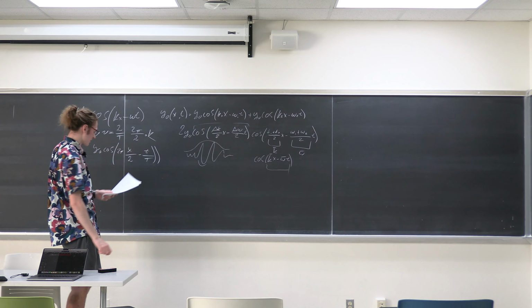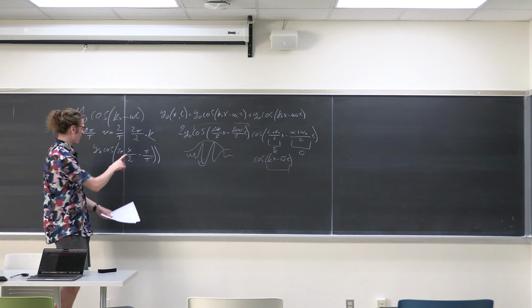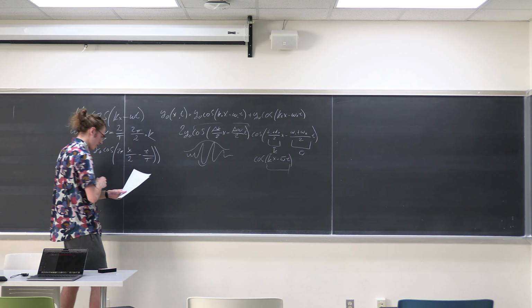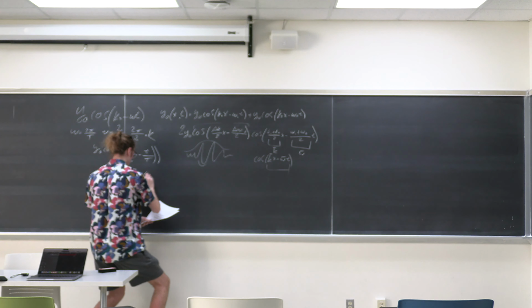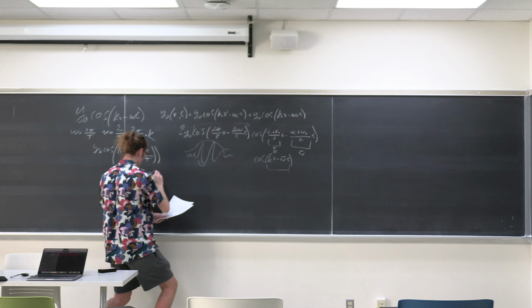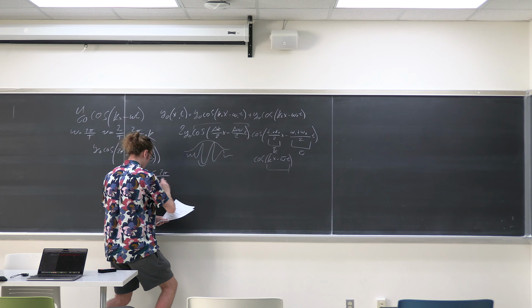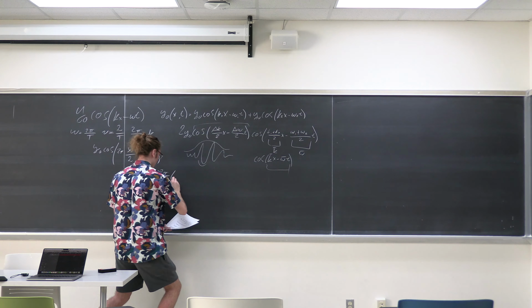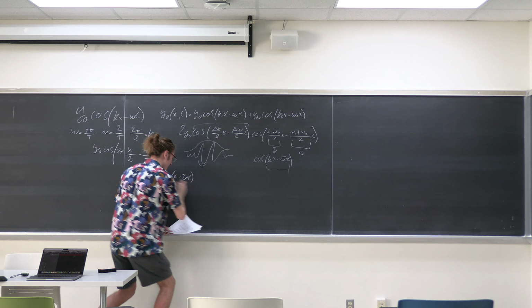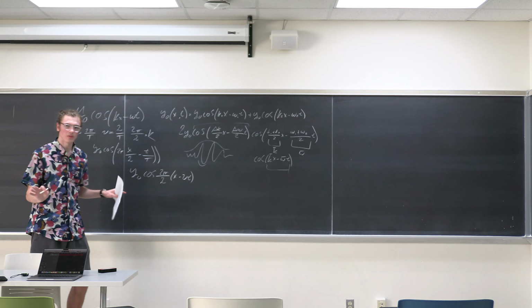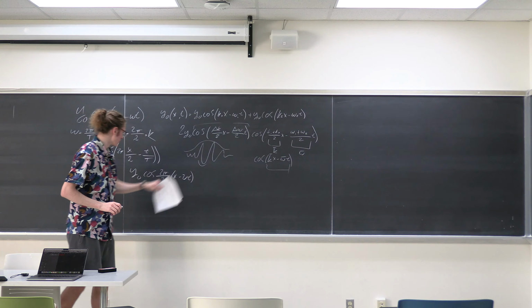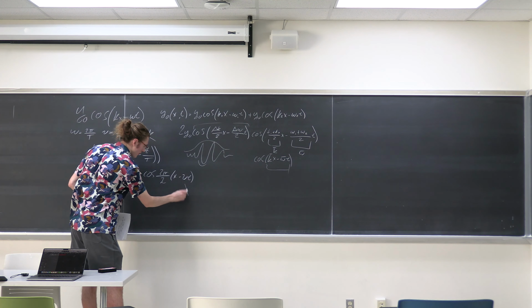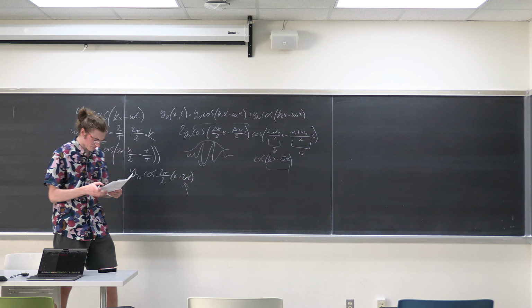Then we can take out a factor of 1 over lambda, and this becomes y naught cosine(2 pi over lambda (x minus vt)). So we're going to apply the same sort of work to these equations, and we're just going to see what this value is.